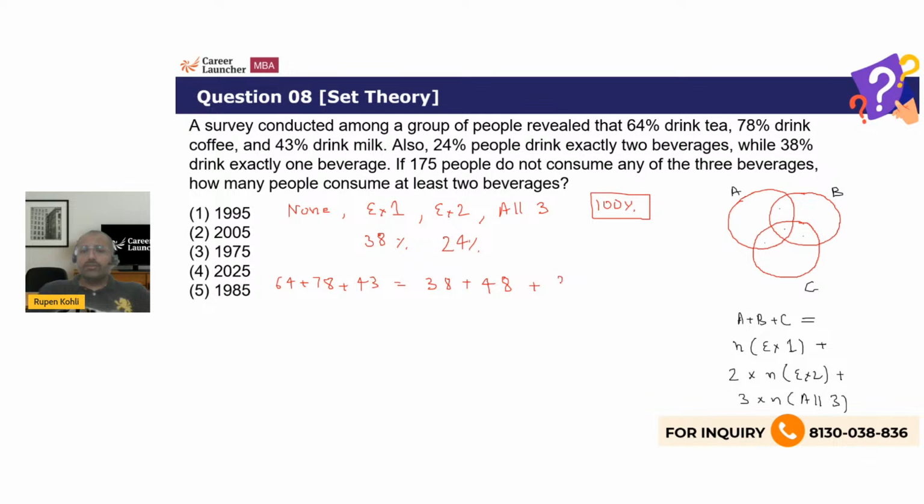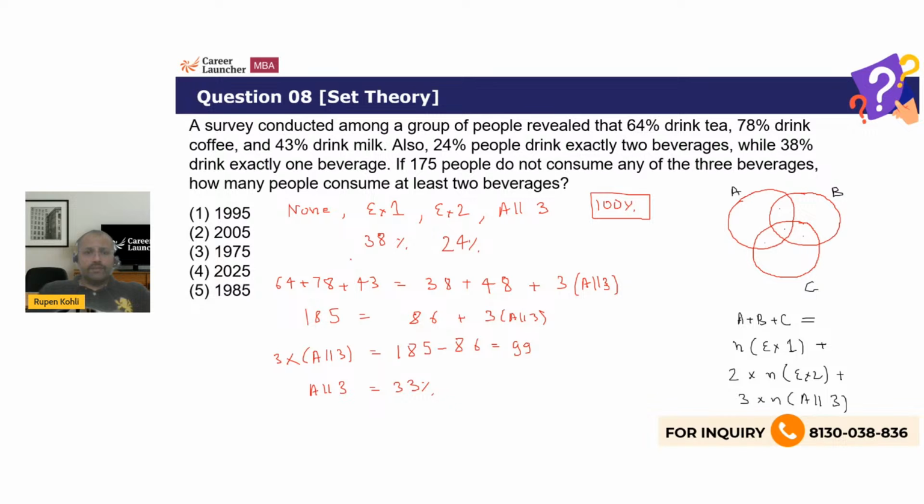So 64 and 78 is 142, and 142 and 43 is 185, and this is 38 plus 48, which is 86, plus thrice of all three. So finally, thrice of all three is 185 minus 86, which is 99. All three is therefore 33%.